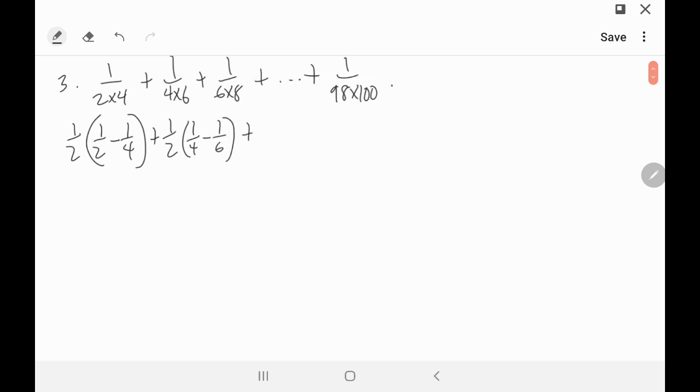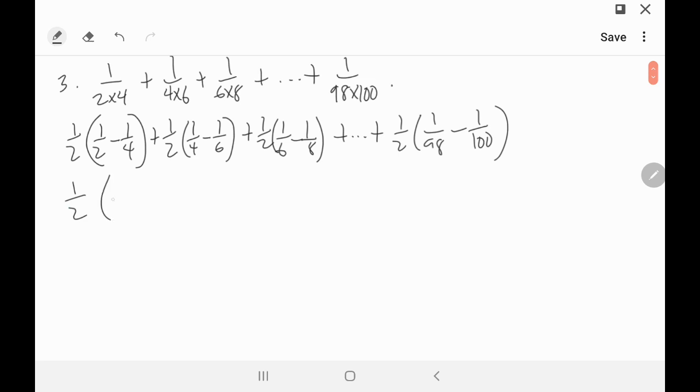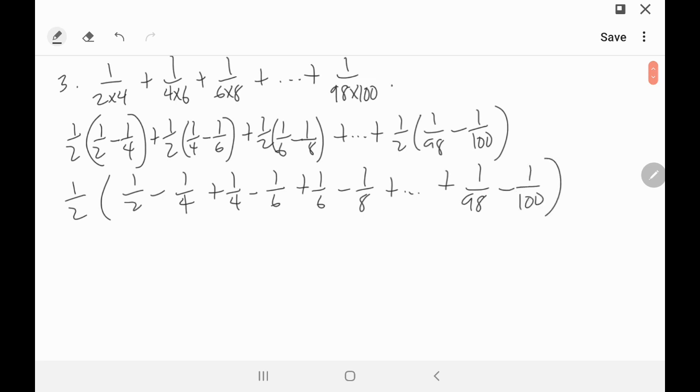So this third fraction is equal to half of 1/6 minus 1 over 8, and the pattern continues, and the last fraction will be 1/2 of 1 over 98 minus 1 over 100, and we factor 1/2 outside. Inside would be 1/2 minus 1/4 plus 1/4 minus 1/6 plus 1/6 minus 1/8, and so on up to 1 over 98 minus 1 over 100.